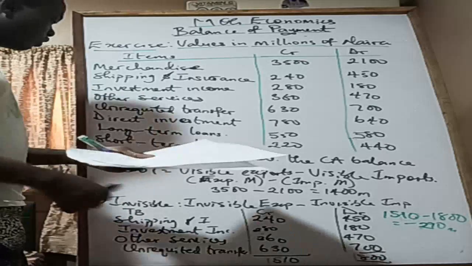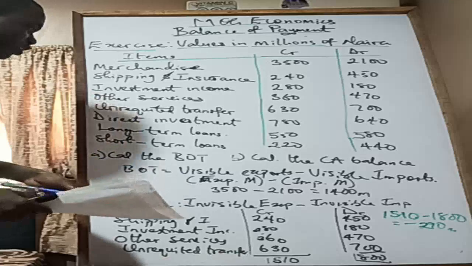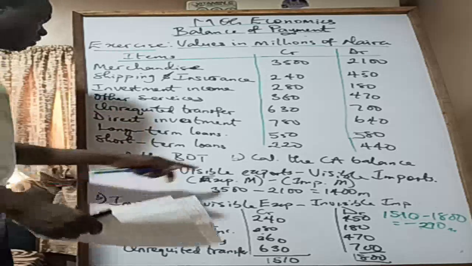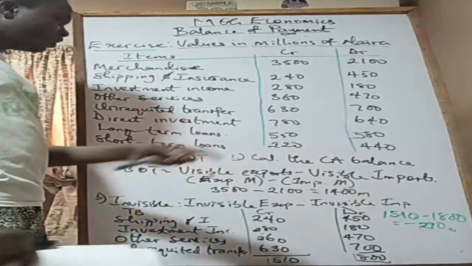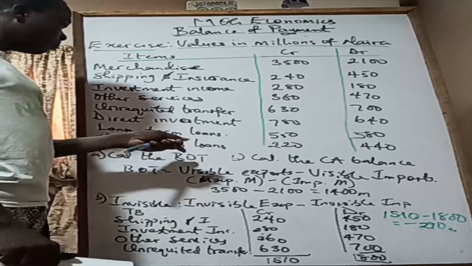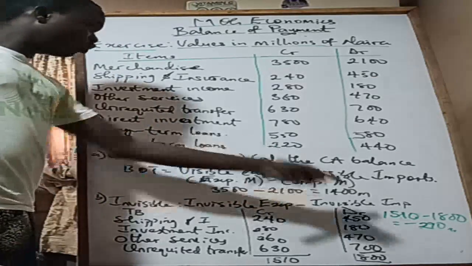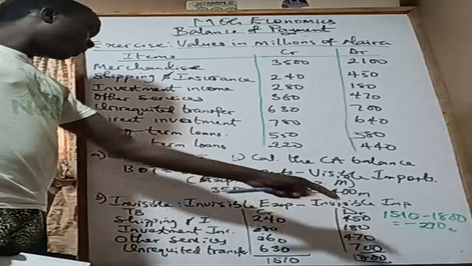Very cool. So the next question says, oh no, we are not done. The question says we should calculate current account balance. For us to get the current account balance, we need to add the balance of trade, which is the visible trade balance, to the invisible balance of trade.